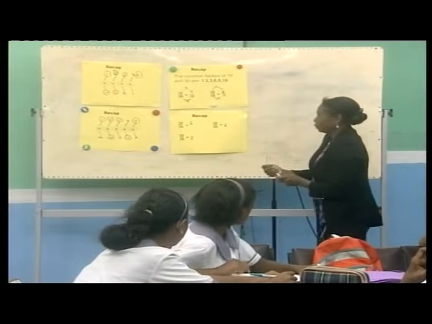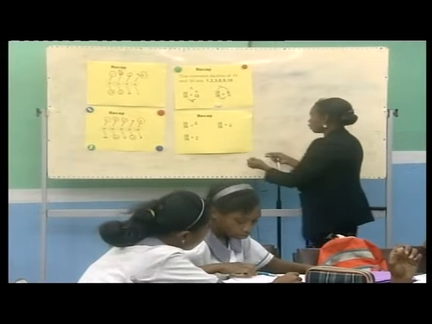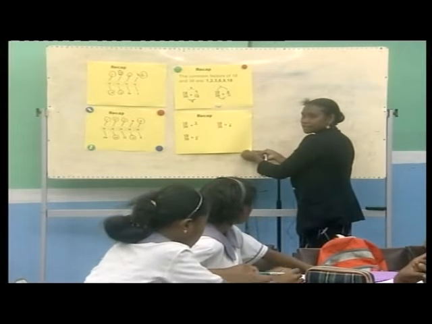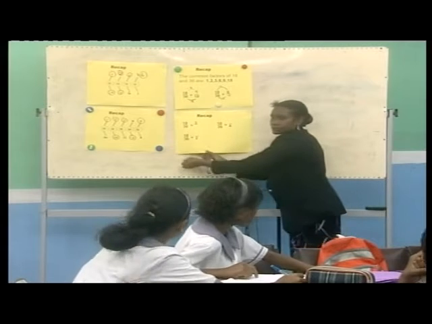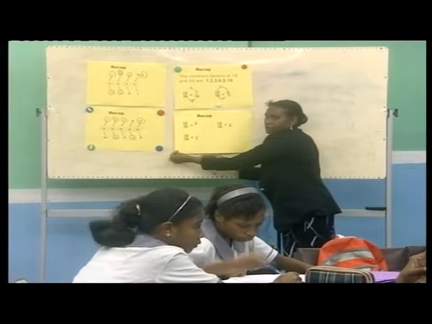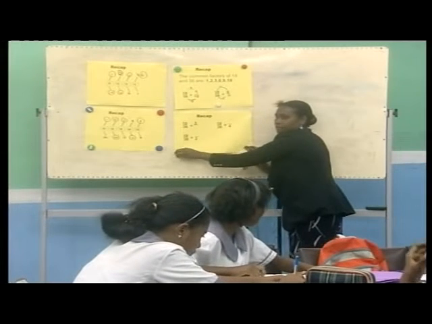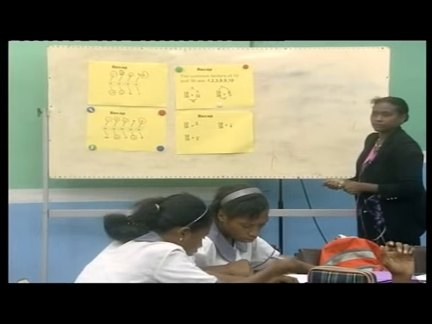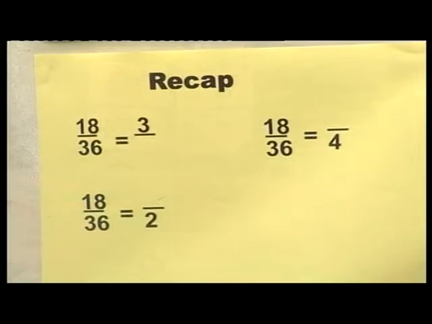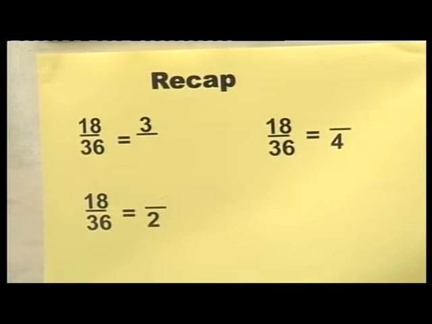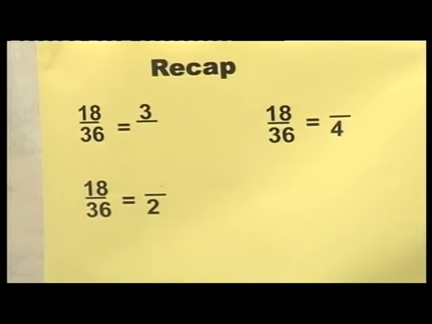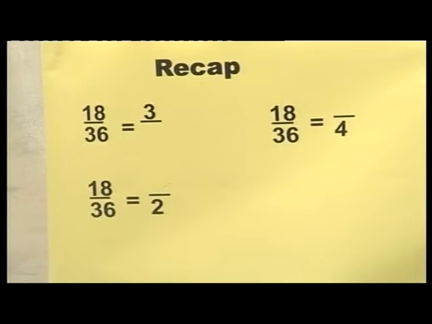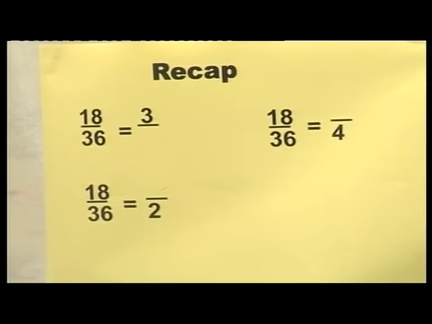Another 3 students to complete the other 3 equivalent fractions to 18 over 36. Who would like to do this one for us? Not the same students. Can we have the other students? They have started off with the 2. We still have another 3 common factors that we are going to choose from to find the equivalent fractions to 18 over 36.